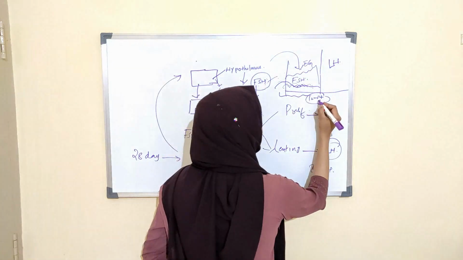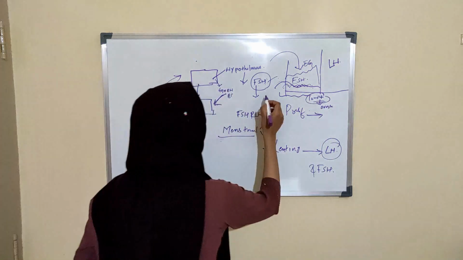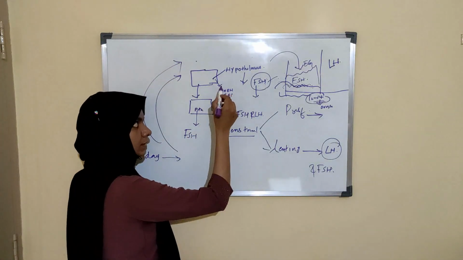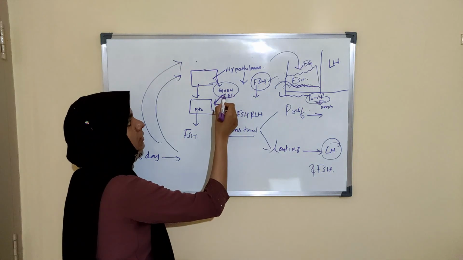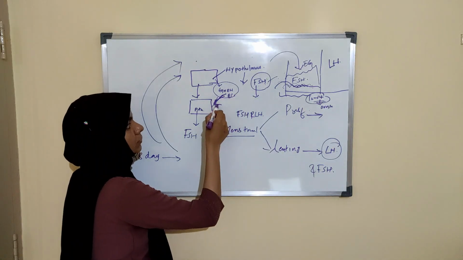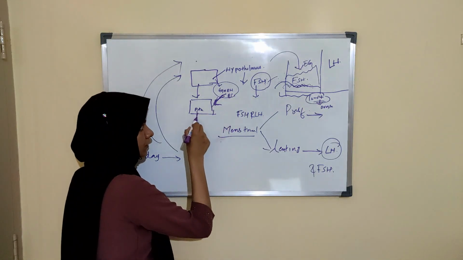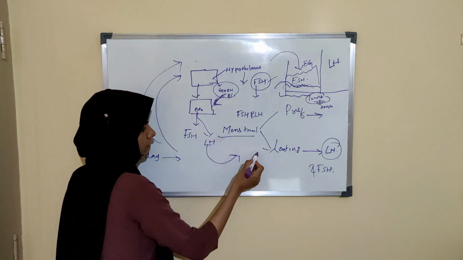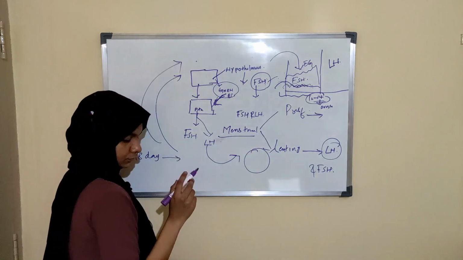At 12 to 14 days, the hypothalamus again gets a feedback to release gonadotrophin releasing hormone. This goes to the pituitary for releasing luteinizing hormone, which goes to the ovary.